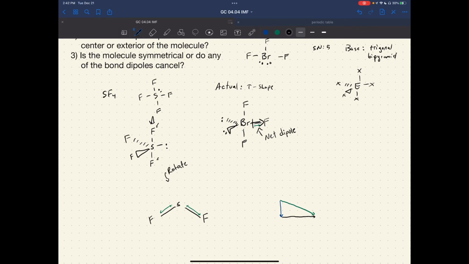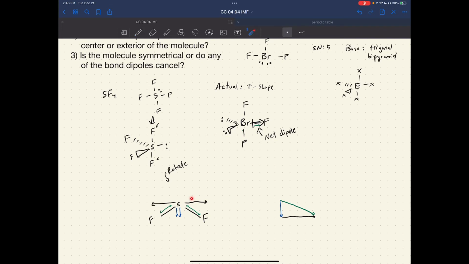So when I think about that, that means that from this bond dipole, I have a component that goes down, and I have a component that goes out, like this. Okay? And then on this side, I have another component that goes down, and another component that goes out.